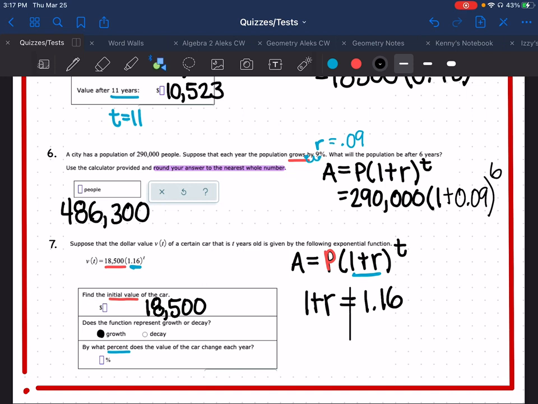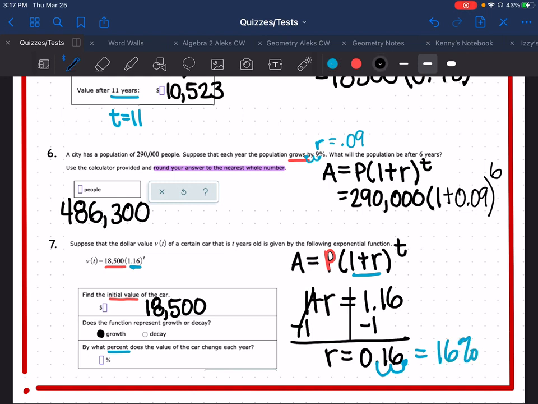So draw your line through the center, and you're going to go ahead and subtract the 1. You subtract that and you get 0.16. All you have to do is change this to a percentage. To do that, you move the decimal back to the right. And so this is going to be 16%.